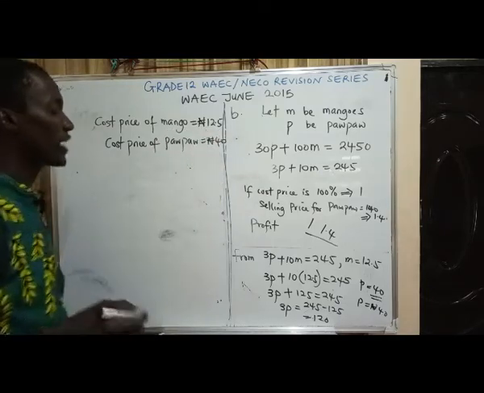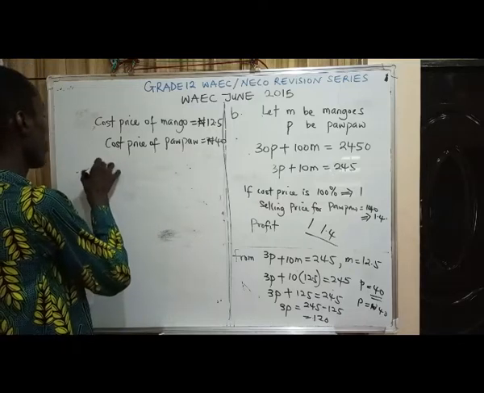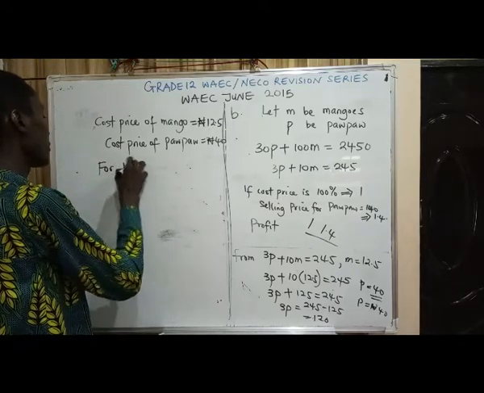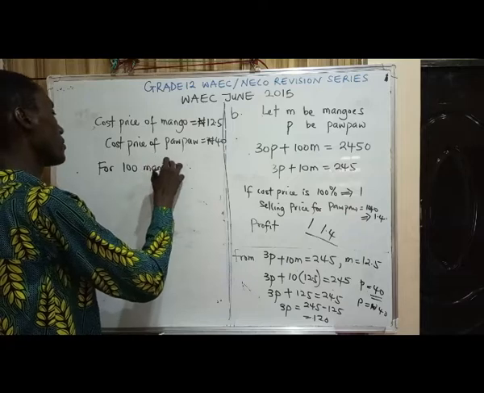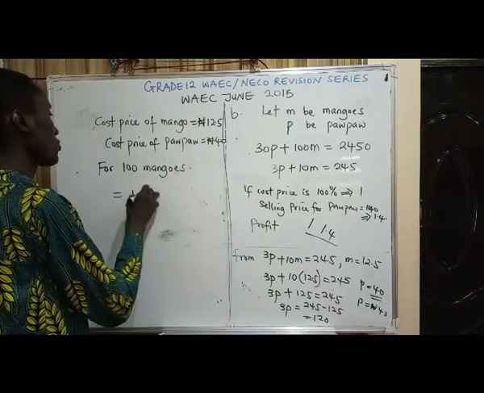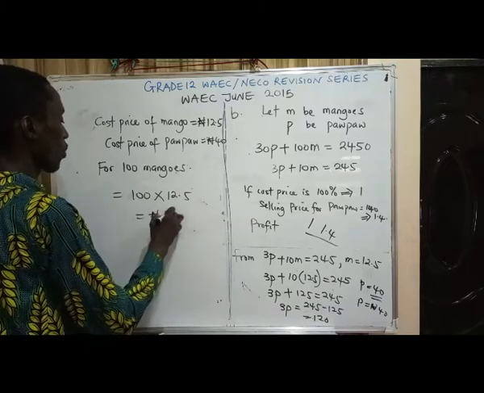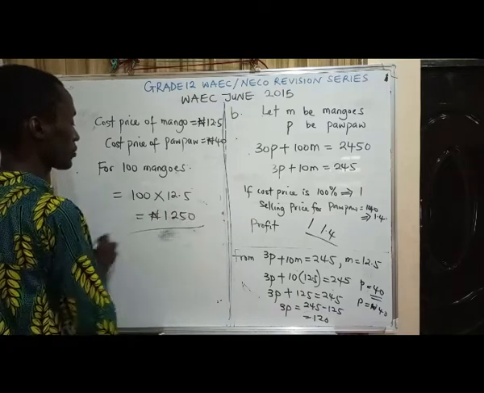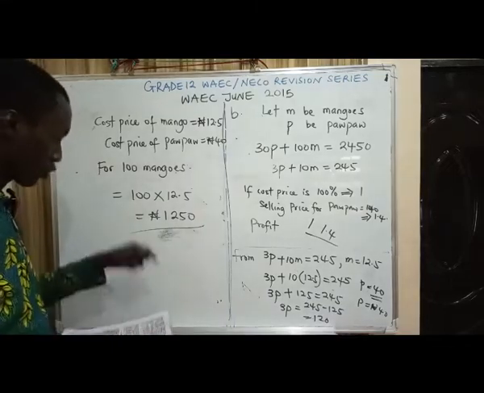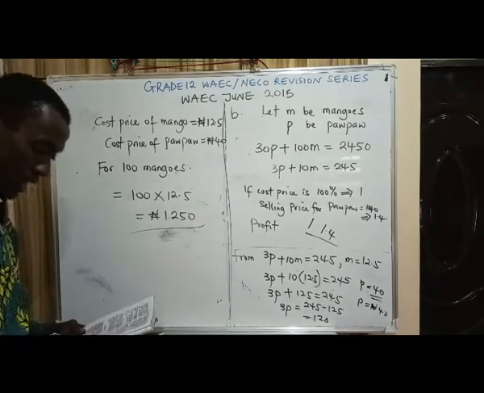So the implication is this, that for 100 mangoes, it will be 100 times 12 naira 50 kobo, which will give me 1,250 naira. So that will be the cost of 100 mangoes as indicated in the question.